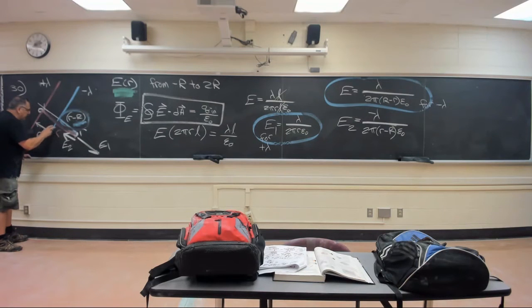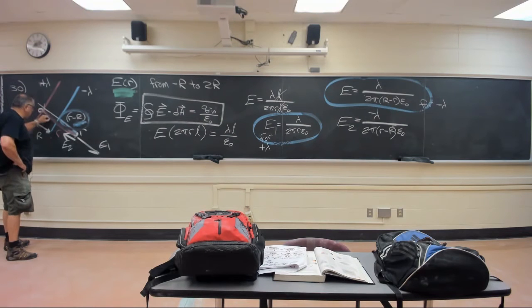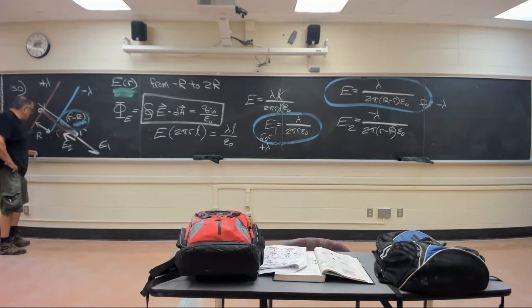And then this one right here is going to be, so from here to here is small r. From here to here is going to be big R minus small r. Oh, wait a minute. Big R, actually, no, that's true. That's absolutely true.